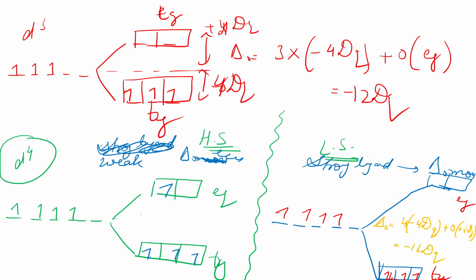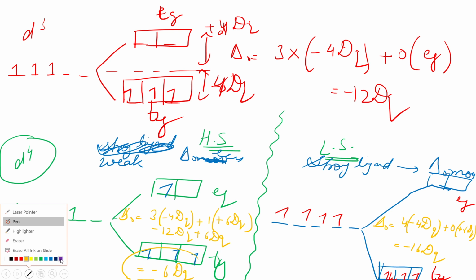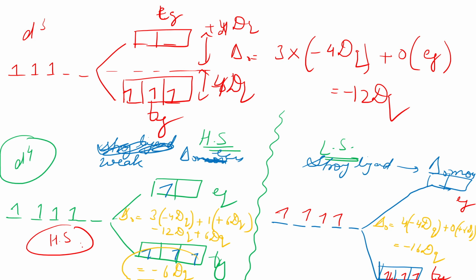But here, if you calculate in the case of high spin complex, delta naught will be 3 electrons with minus 4 Dq plus 1 electron with plus 6 Dq. Minus 12 Dq plus 6 Dq comes out to be minus 6 Dq. So compare the values. In the case of d4 system, if the complex is a high spin complex, the value comes out to be minus 6 Dq.